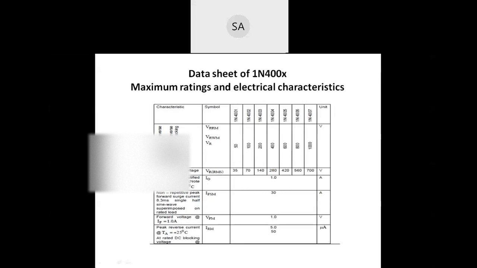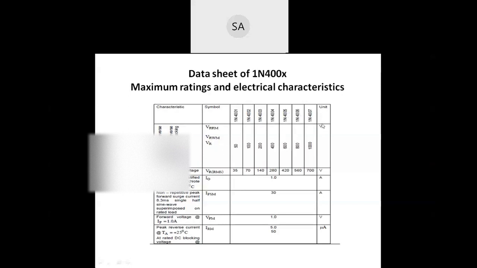Here the peak repetitive reverse voltage, working peak reverse voltage and DC blocking voltage are given. The symbols are VRRM for peak repetitive reverse voltage, VRWM for working peak reverse voltage, and VR for DC blocking voltage. IN4001 has 50, IN4002 100, IN4003 200, IN4004 400, IN4005 600, IN4006 800, and IN4007 1000. The unit is volts.